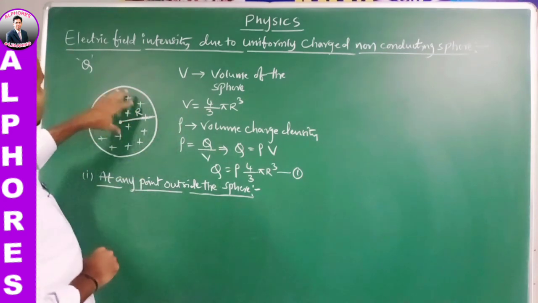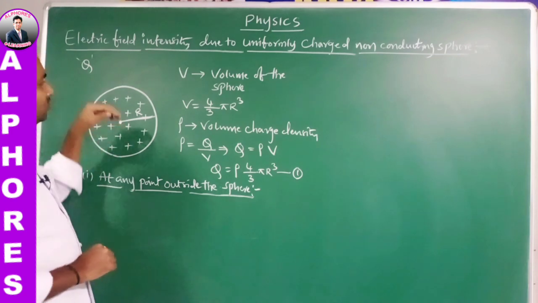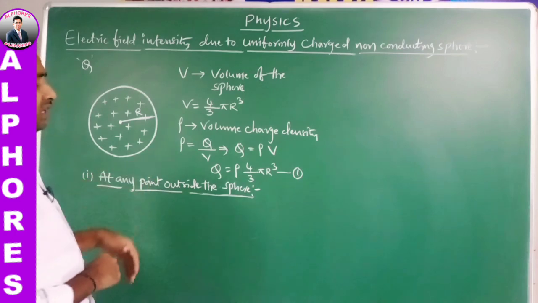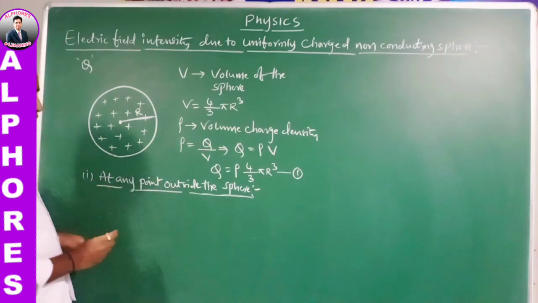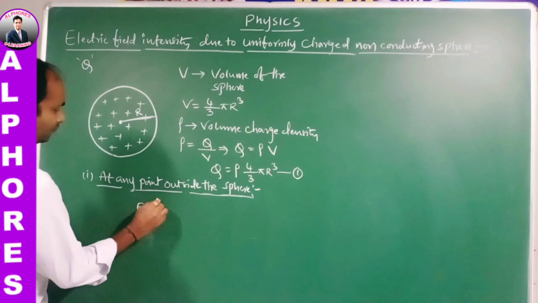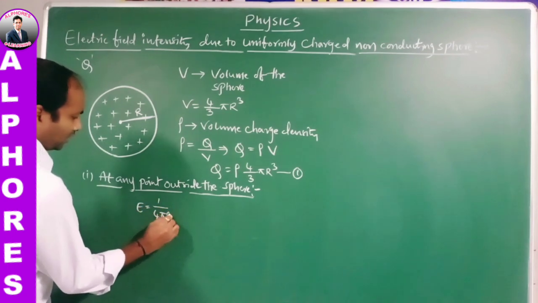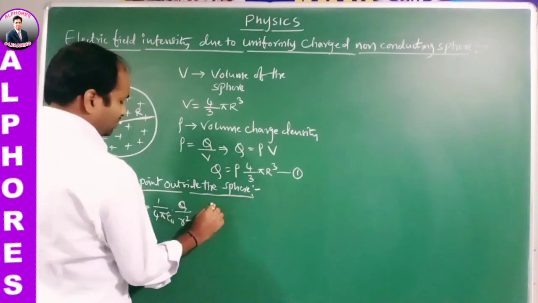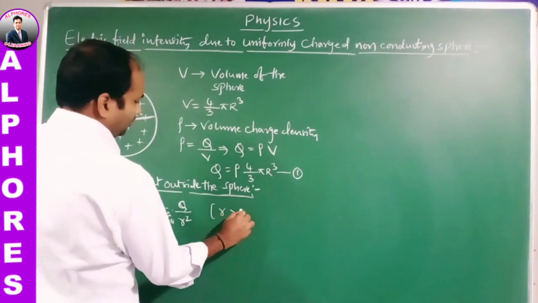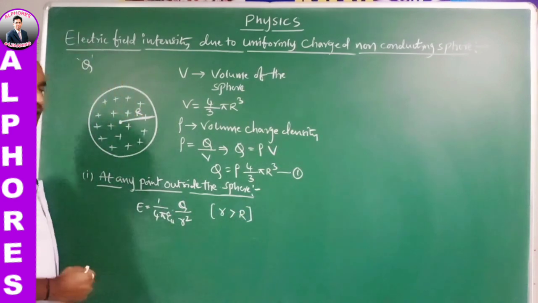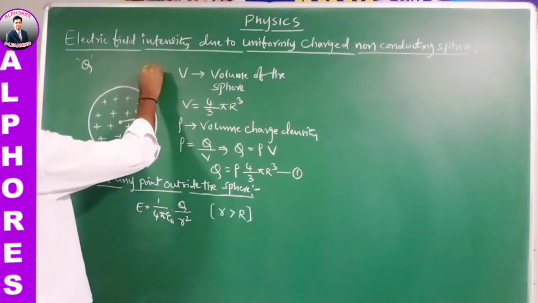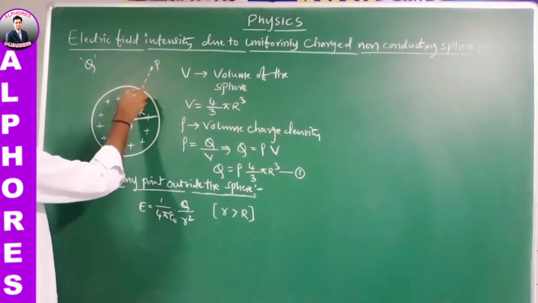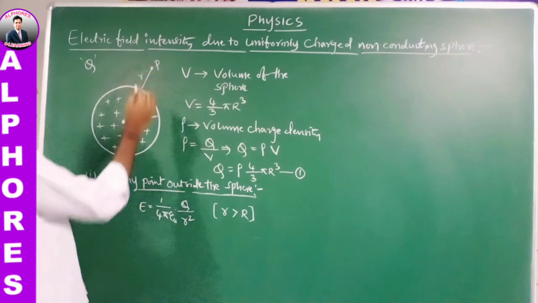The charge given to the sphere is Q, so the charge enclosed by the Gaussian surface is also Q. So directly we write, at any point outside the sphere, E is equal to 1 by 4 pi epsilon naught Q by r square, where small r is greater than capital R. For example, this is a point P at a distance r.